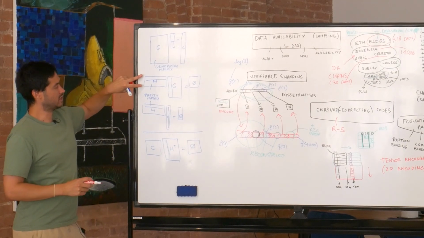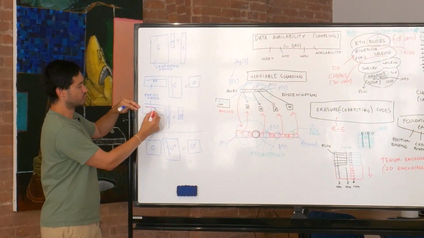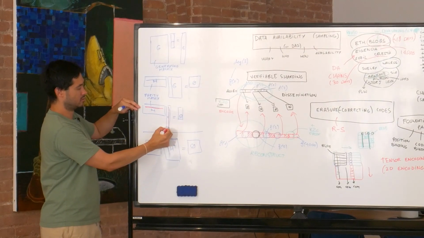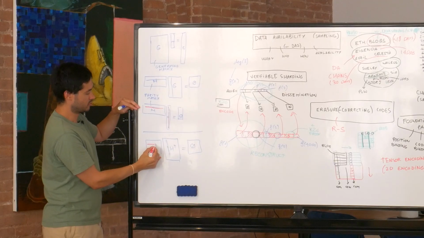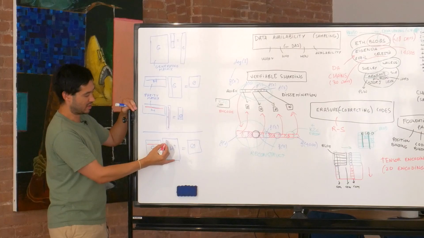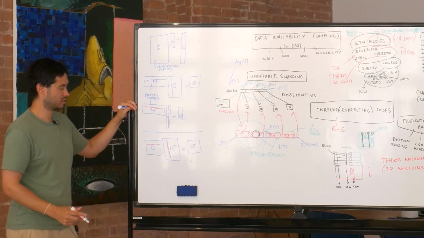Basically, whenever you look at this, you have to think that you're doing inner products between the rows of my code, of my encoding, and the columns of my parity matrix.